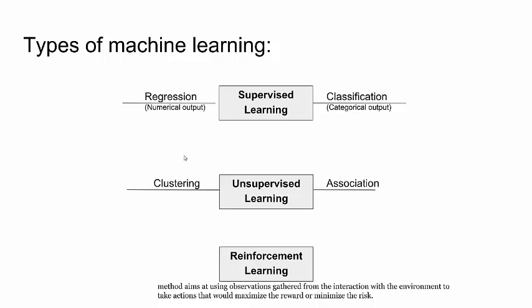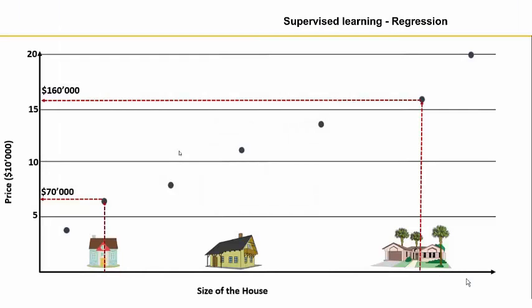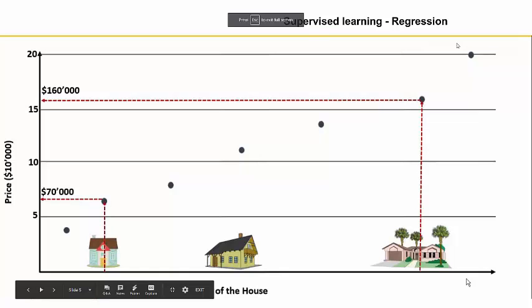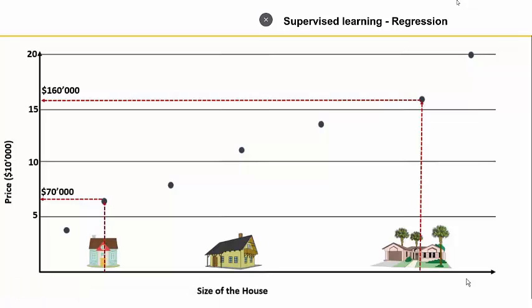The classic example of a regression task is housing prices. A training dataset with inputs and outputs, prices and sizes. So we use the training dataset in order to teach the algorithm which size of the house is associated with which price.